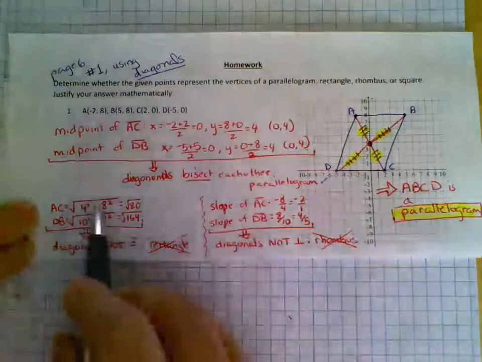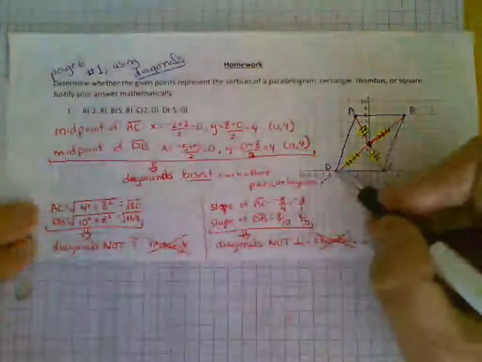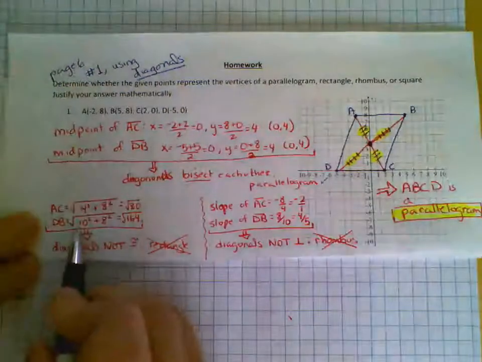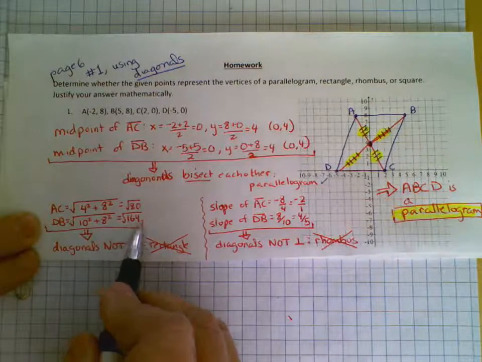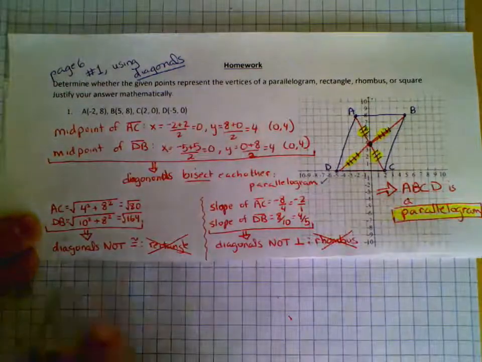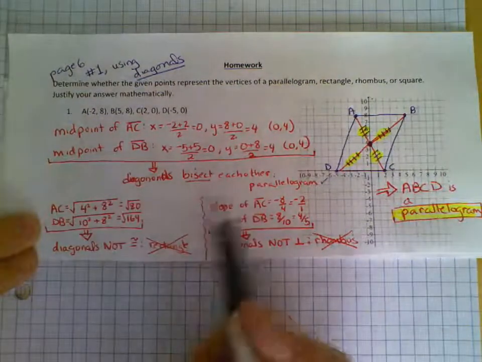The distance formula gives me 4 squared plus 8 squared, square root of 80. If I do the same thing for DB, well, we can visually see it's longer, but you can also plug into the distance formula and we get a different answer. We get square root of 164. So the diagonals are not congruent. It's not a rectangle.